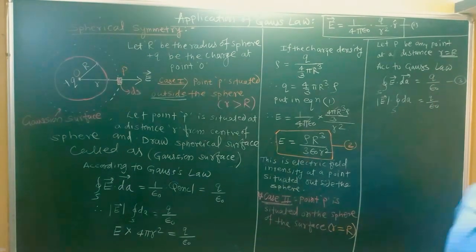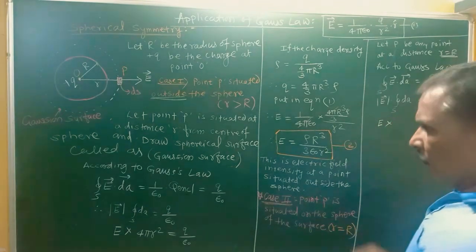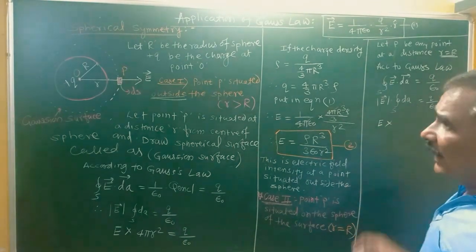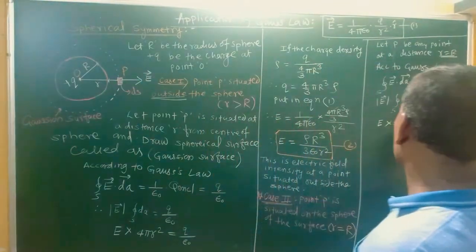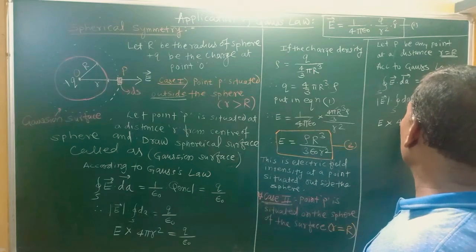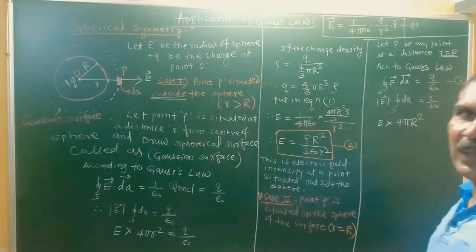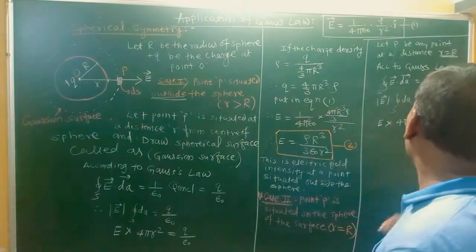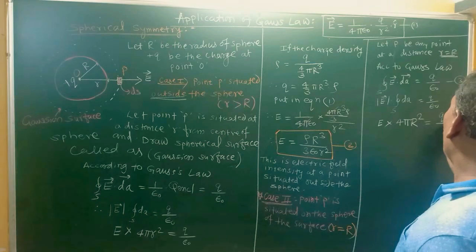What is magnitude of E bar? That is E into, what is the surface integration now? Now capital R and small r are similar. So surface integration is 4 pi into capital R square, not small r square here, because both are similar, equal to Q by epsilon naught.